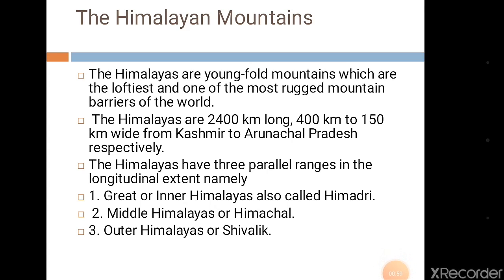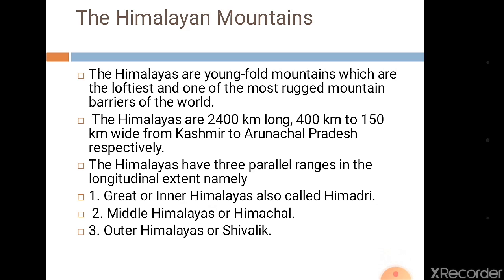The Himalayas are young fold mountains which are the loftiest and one of the most rugged mountain barriers of the world. This is the youngest mountain in the world and the loftiest, snow covered, and most rugged mountain barrier of the world.